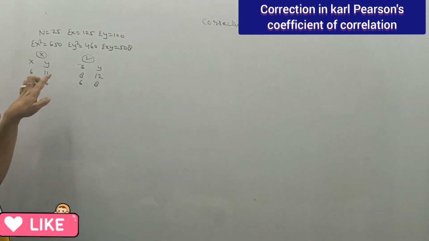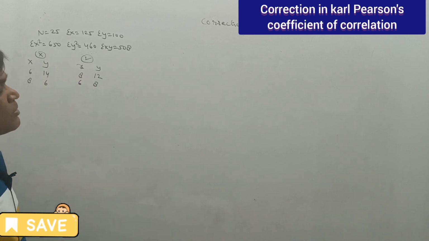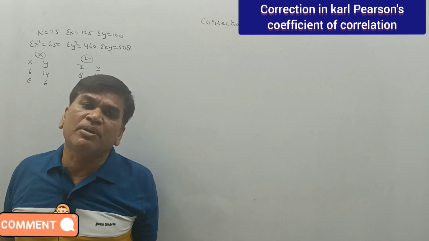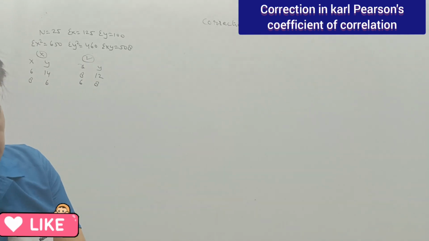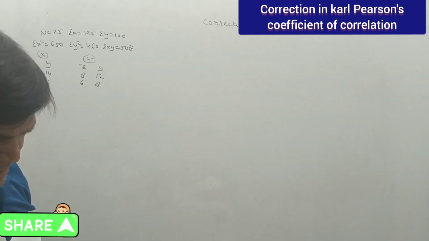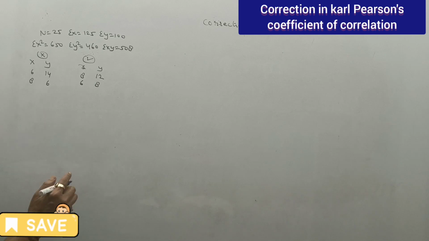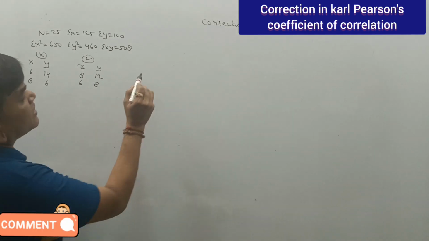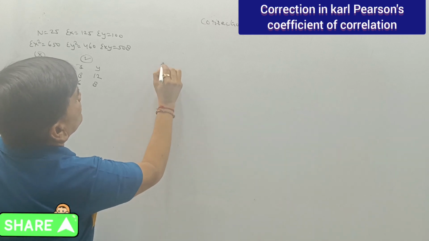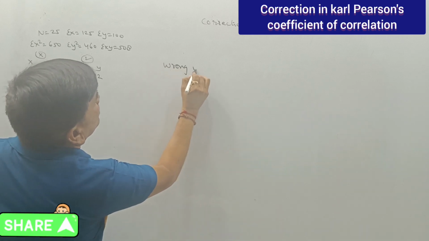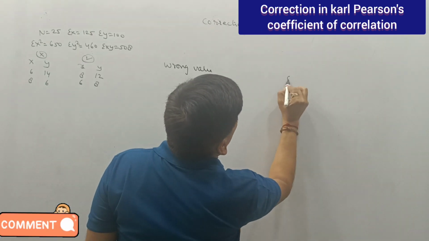These are wrong. The right ones were 8 and 6 for x, and 12 and 8 for y. So find the correct value of the correlation. The value of correlation is not given, we just have to calculate it. So first we have the wrong value and the right value, the correct value.